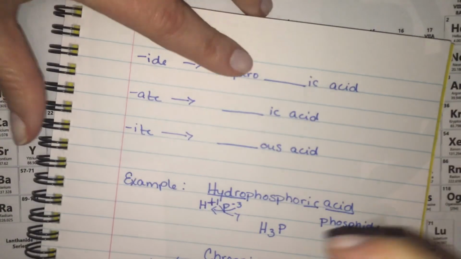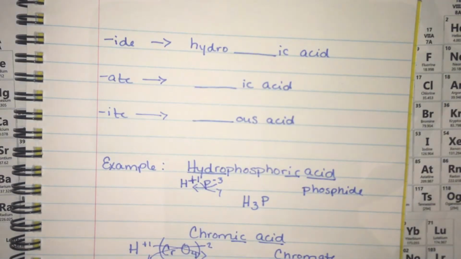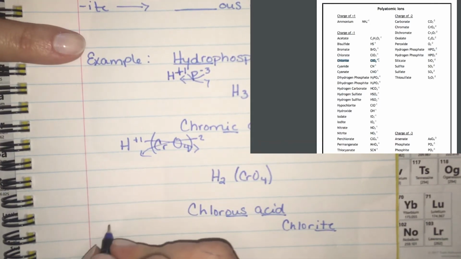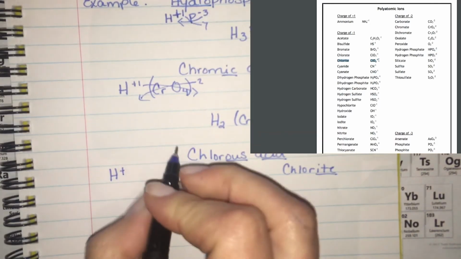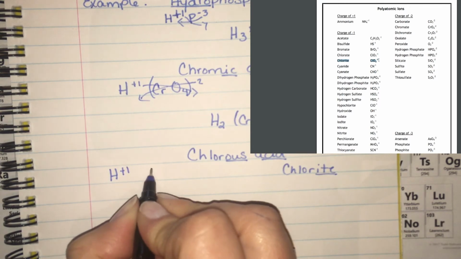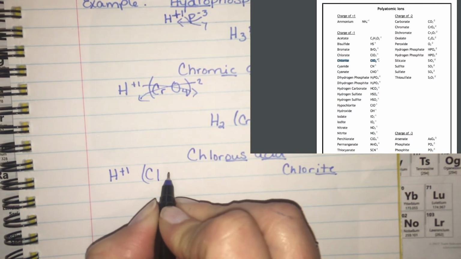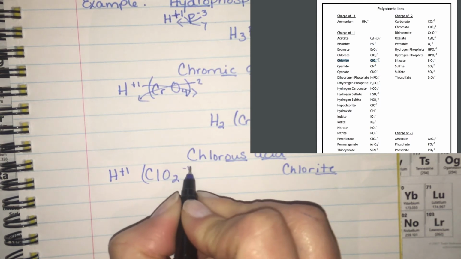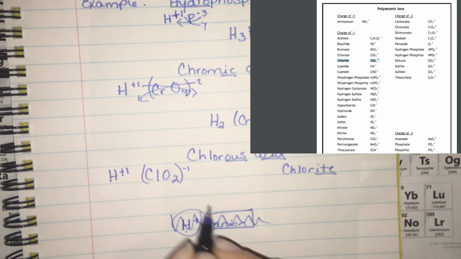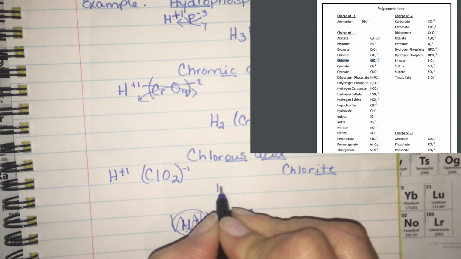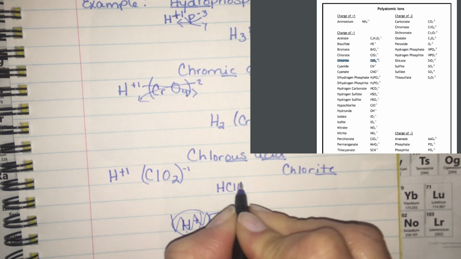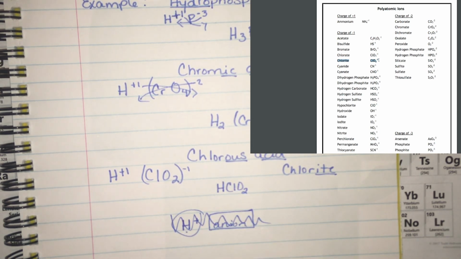It's actually a polyatomic ion, so we have to find it here, chlorite. ClO2 with a -1 charge is what chlorite is. Hydrogen is always a +1 charge. So with ClO2 -1 charge, it's a 1-to-1 ratio, so you don't have to have any subscripts at all. So that's your acid, that's chlorous acid.